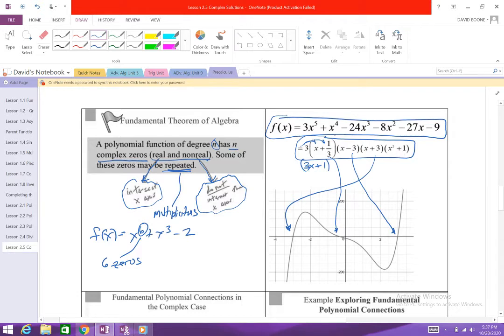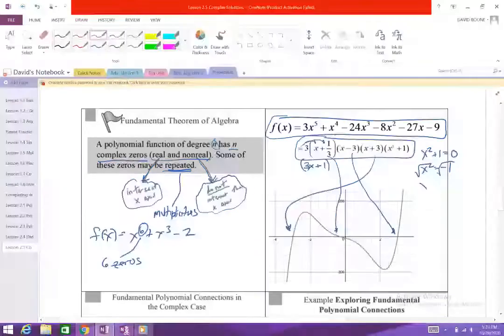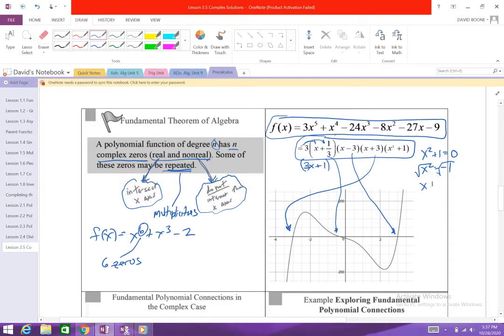But the x squared plus 1, if we look at this, that's not on the graph. There are no more x-intercepts to look at. Because if we solve x squared plus 1 equals 0, we subtract 1, and then square root both sides, and there's the square root of negative 1. That's that i piece. And I always remember when we square root both sides of an equation, we always get plus or minus.